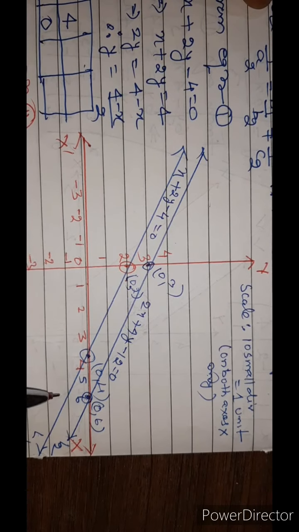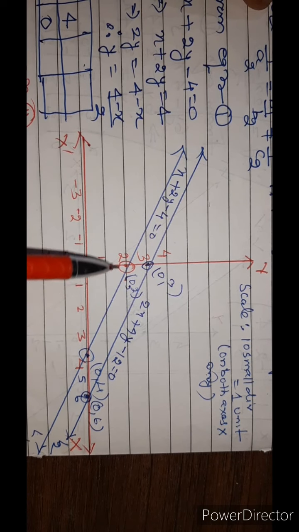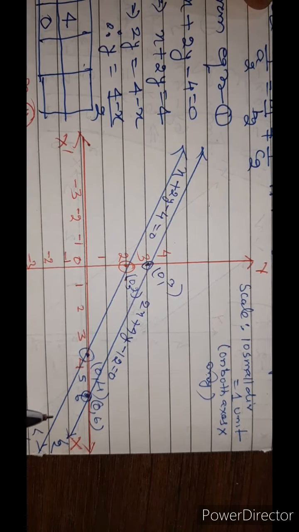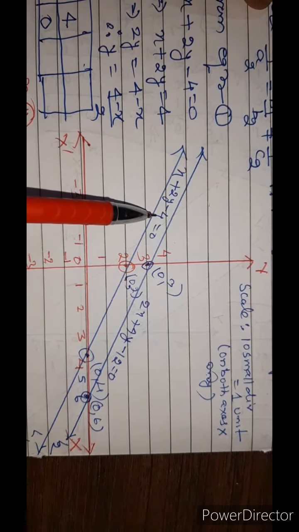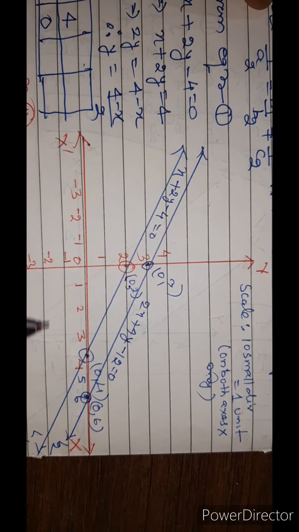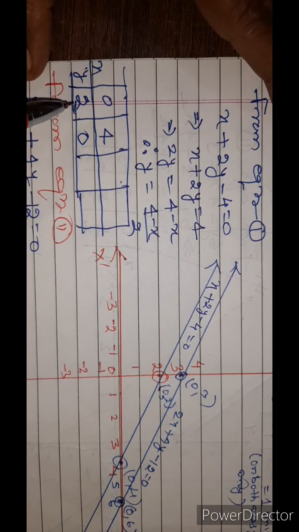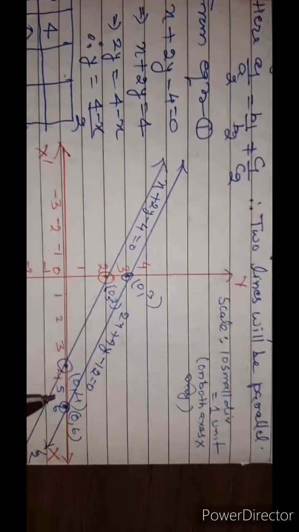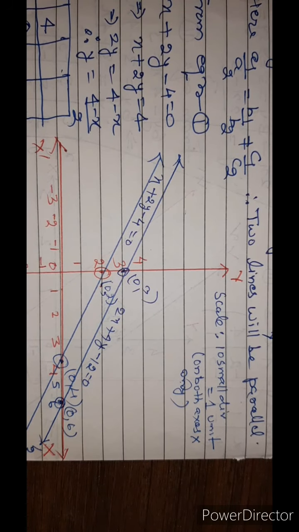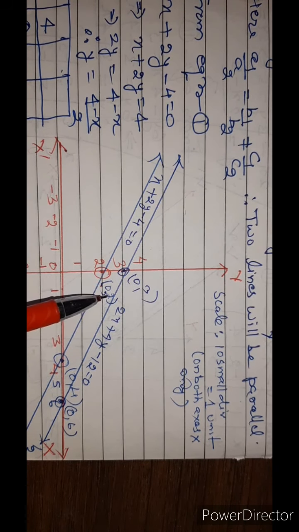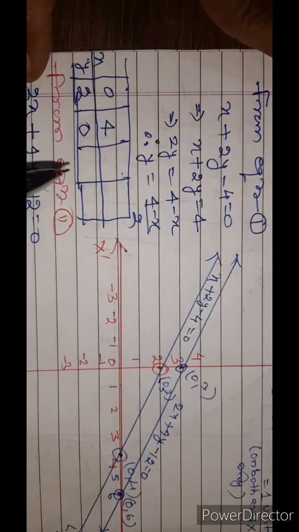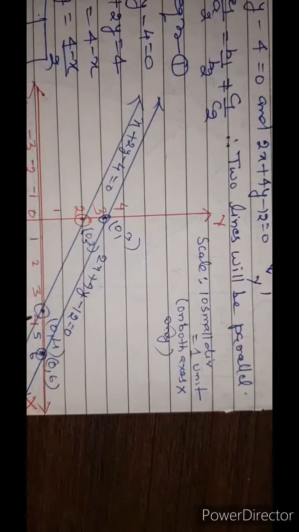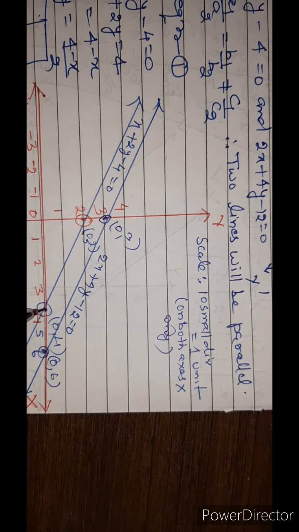here I have drawn the first line. Look here, this is the first line of the first equation, x plus 2y minus 4 equal to 0. Here (0, 2) is the first ordered pair, and then the second is (4, 0).